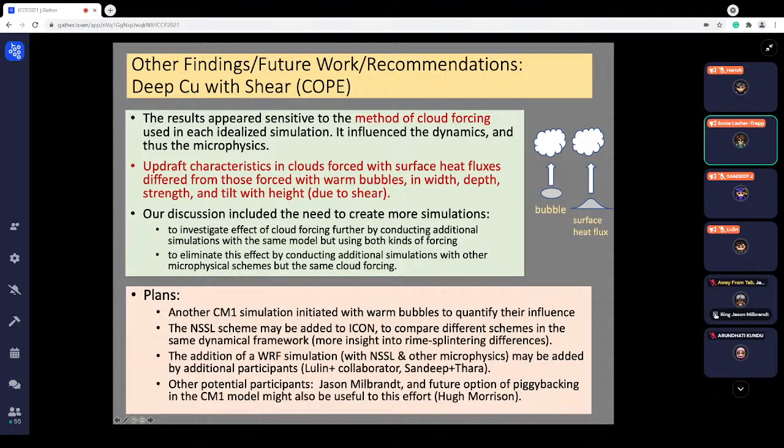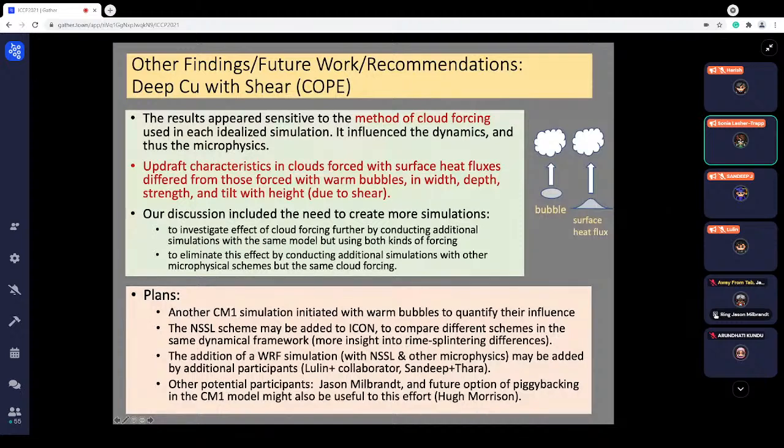We had talked about the addition of a WRF simulation, say with NSSL microphysics, and then maybe some other microphysics as well. Lulin, I'm sorry, I couldn't remember the name of your collaborator in China, but I know there's some interest there. As well as Sandeep, who's been working with Tara, has expressed some interest to me as well using WRF. So maybe we can get a few more simulations here.